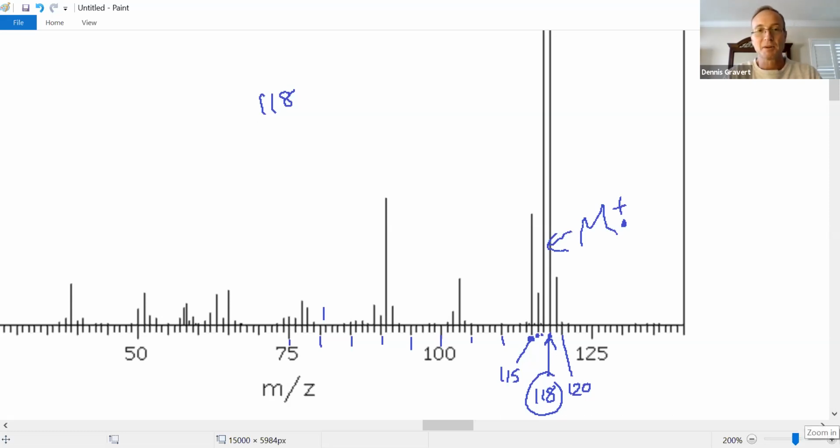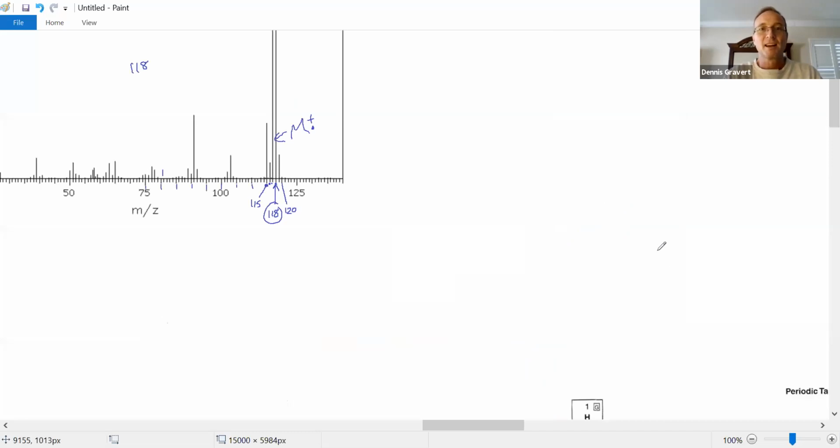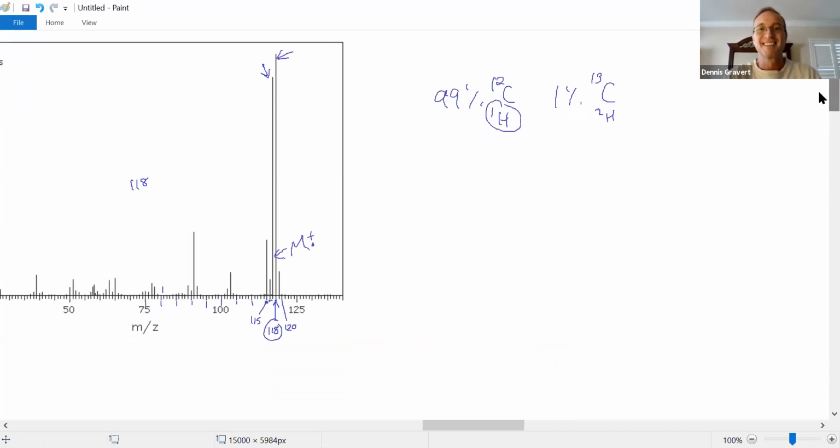What do we do with that number? Oh, don't zoom in on it, give me some more room. You divide it by 12. Let's go after a chemical formula. All right, and again, we're college students. We know how to divide by 12. Well, if it was 10, that'd be 120. That's 118, so it's not 10 carbons.